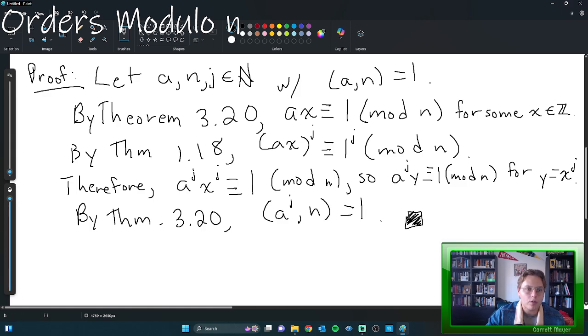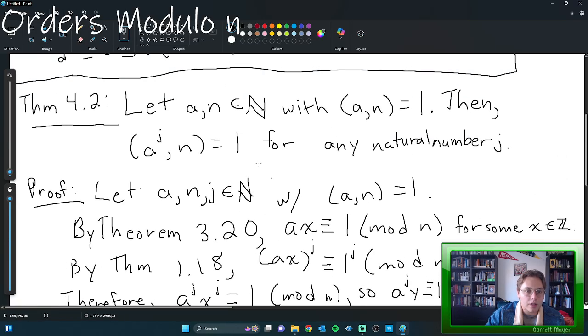Okay, so let's go back. What did we just prove here? This theorem is essentially stating that taking powers of an integer will not create a common factor with another integer if no common factor already exists. That principle should be relatively intuitive if you understand the fundamental theorem of arithmetic.